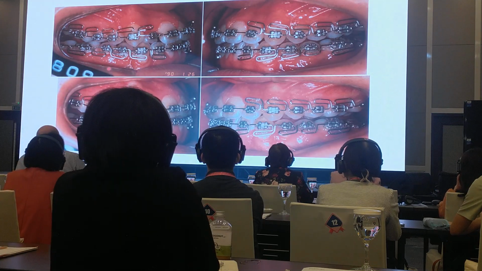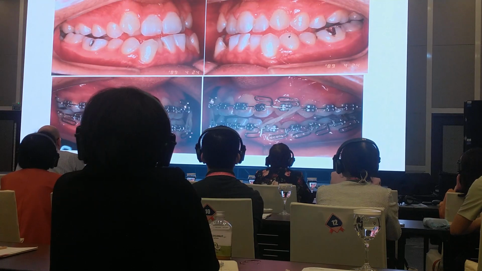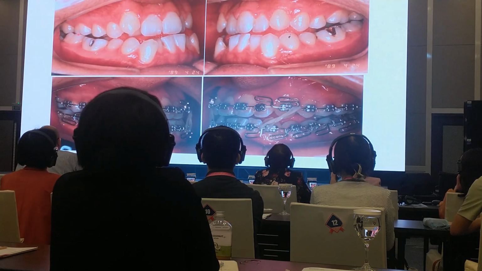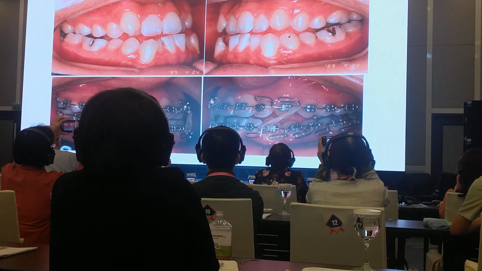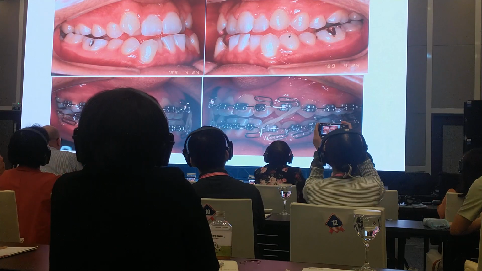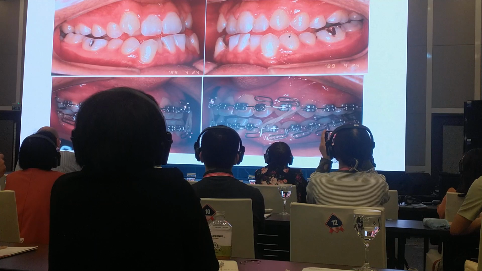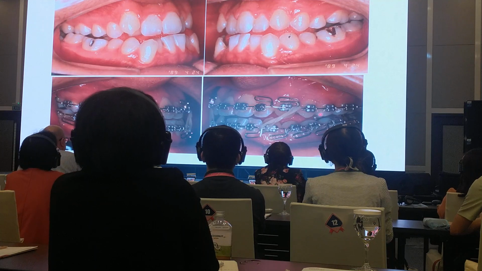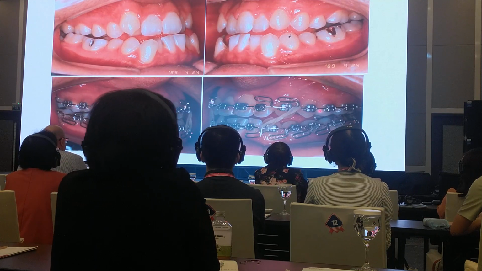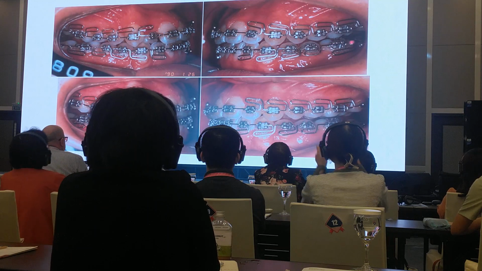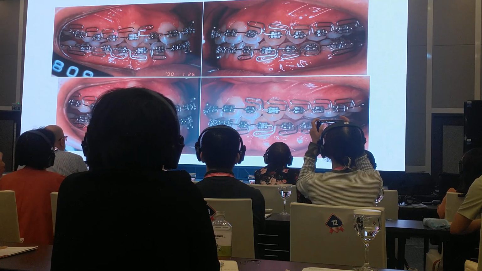I want to go back one. This is the original situation, molar contact and anterior open bite. Okay? But with this mandible, with a timber frame, then pretty soon, molar here, now no bite.